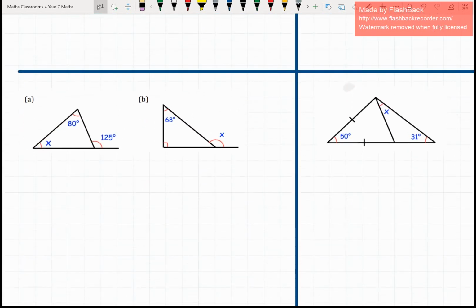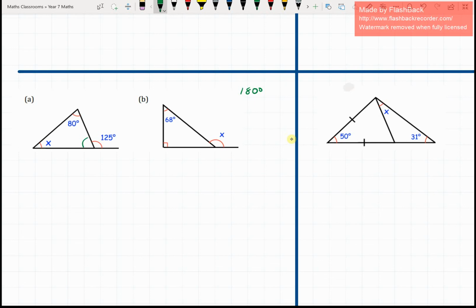So we've got the last little bit now to finish off. These angles in triangles. Remember the fact that we know that all the interior angles equal 180 degrees. So that will help us to work out our missing values. So the way we do it for the first one is, well, what would this angle here be? What would the inside be?